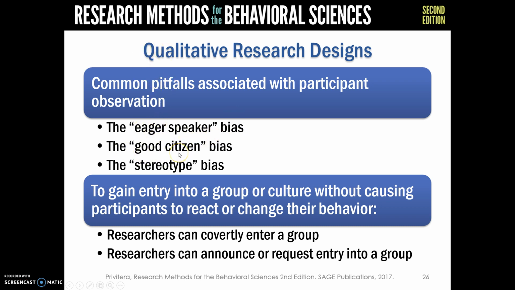Good citizen: these participants think about what the best answer is, which may not pertain to them, but they want to answer in a way that makes them look good. And stereotype bias is basically the researcher imposing onto the group.